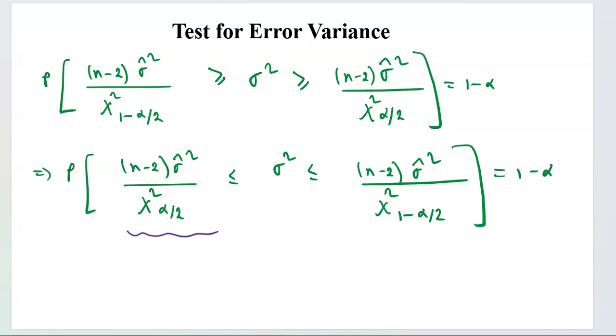So this particular thing will be the lower limit, and this particular thing will be the upper limit of the confidence interval. This is the lower confidence limit, and this is the upper confidence limit. That is how you define the confidence interval for error variance.